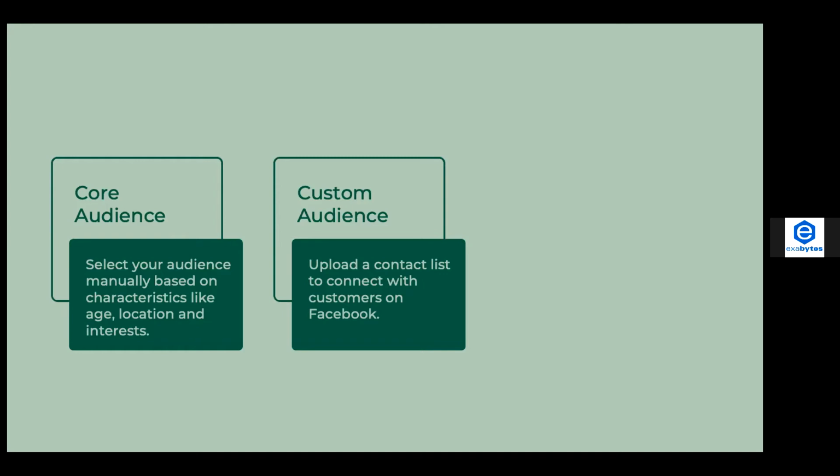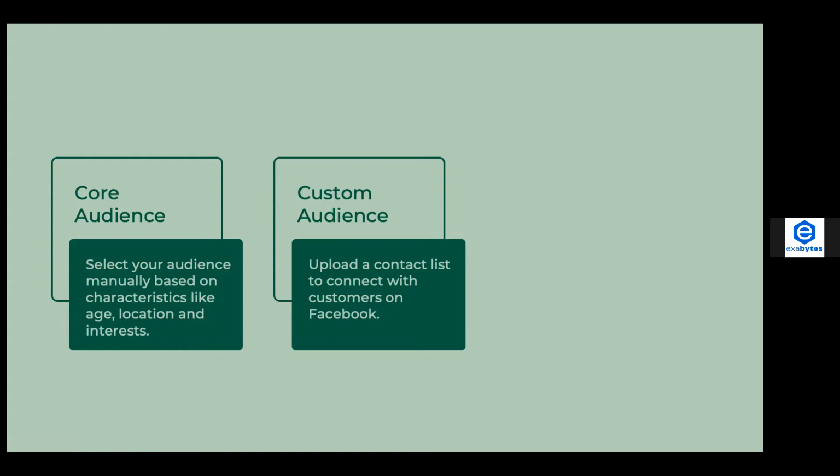You can show them the ads of your services and products again. A custom audience comprises contacts that you already have data about, for example an email address or a phone number. So that's how you can create a custom audience.